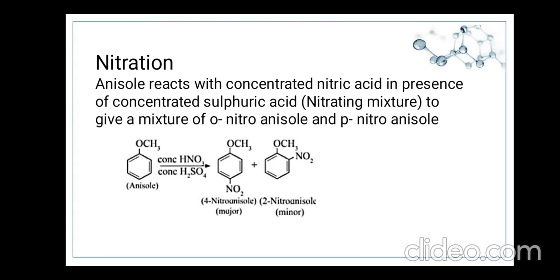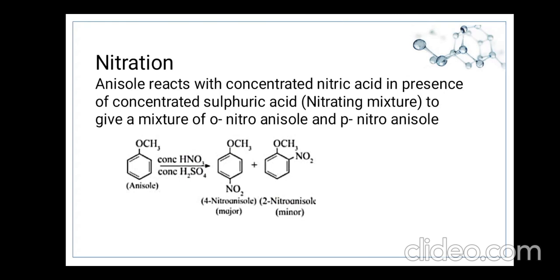See in the reaction over here, anisole in presence of nitrating mixture, that is concentrated HNO3 and concentrated sulfuric acid, gives 4-nitroanisole, that is the major product, and 2-nitroanisole, that is the minor product.